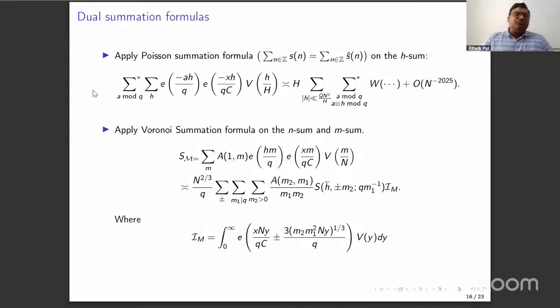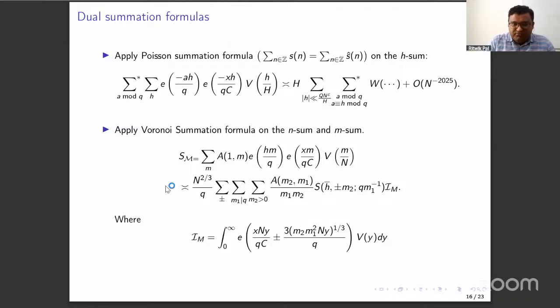And we apply the Voronoi summation formula on the m sum and n sum. Let me explain this a little bit. On the right hand side, the second line where my cursor is, there is n to the power 2 by 3, a sum over m1, a sum over m2, a Kloosterman sum, and so on. This is not exactly the Voronoi summation formula.